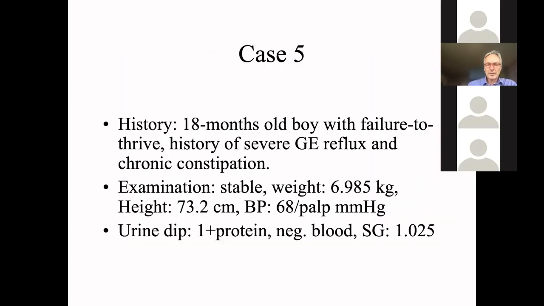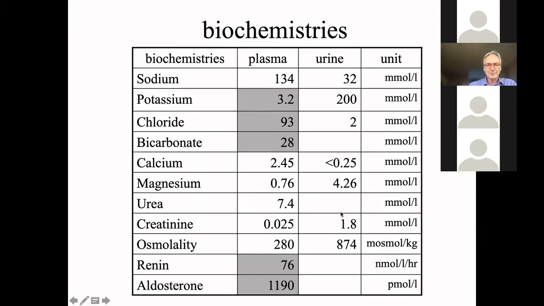And I'm coming to the last case so that I'm not keeping you from dinner for too long. So this is a 1.5-year-old boy, failure to thrive, history of severe gastroesophageal reflux, chronic constipation, who comes to us and, well, he has a little bit of protein in his urine, but otherwise nice concentrated urine. And here are the biochemistries.